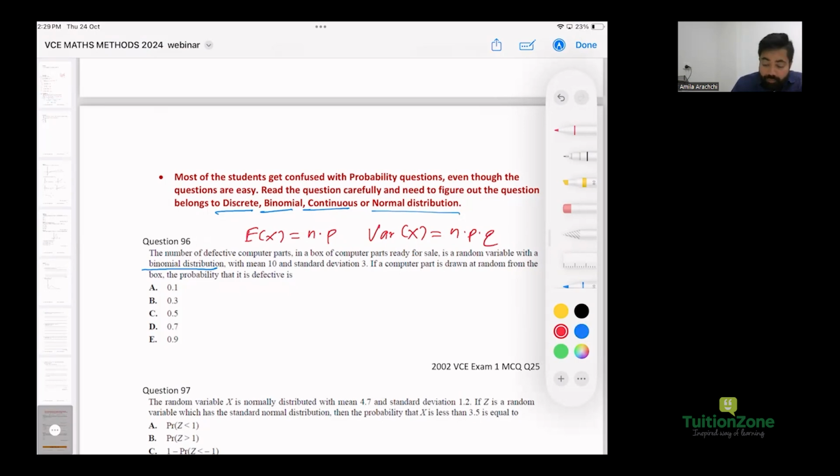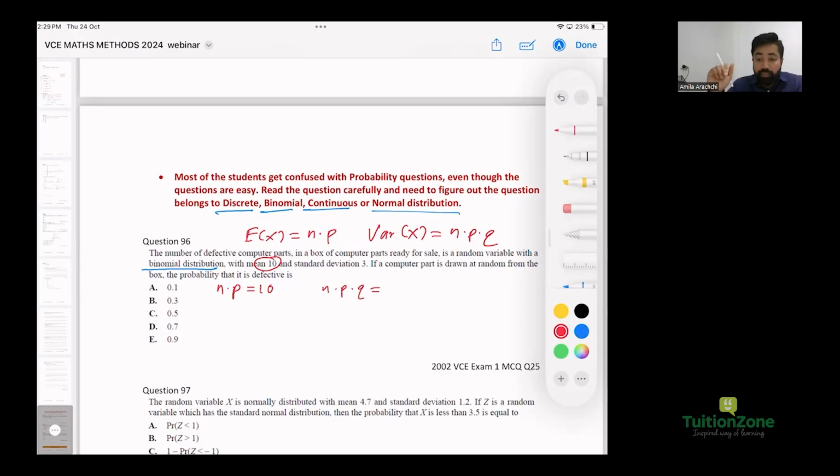That's faster. See, n times p is equal to what? 10. And then n times p times q equals what? What's the variance? Do you know it?